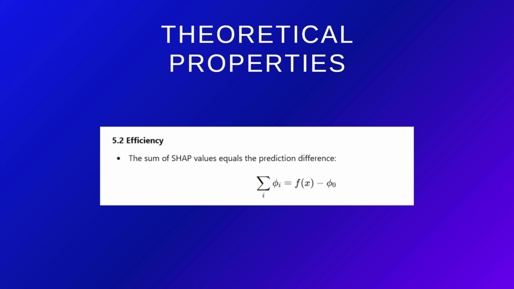The choice between exact computation and the approximation methods often depends on the specific use case. If you need precise, theoretically guaranteed SHAP values and the dataset is small, exact computation is ideal. For larger datasets or more complex models, approximation methods like sampling or model-specific optimizations are a better choice. They reduce computation time while still providing interpretable and reliable results.